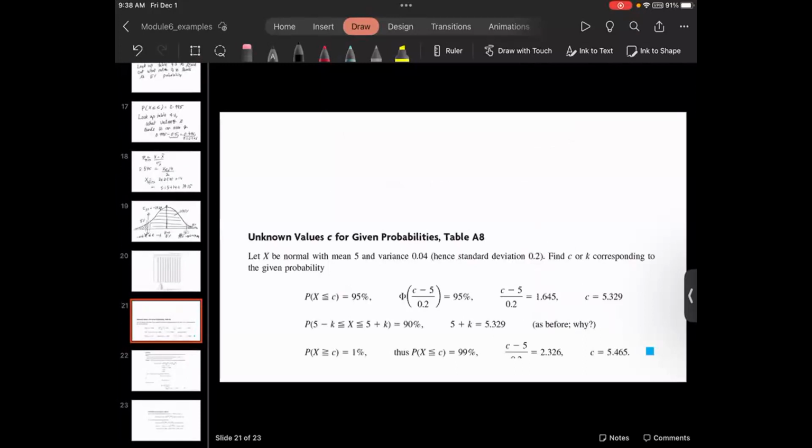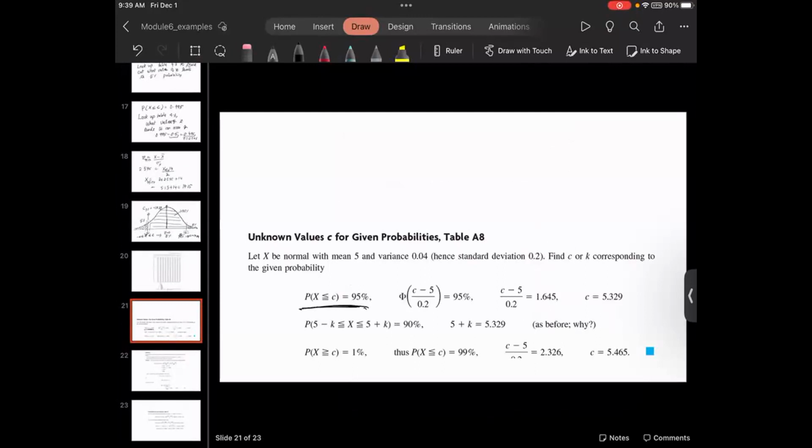All right, here is one more example which you can use to check your work. We did x less than c for 95%, though this one has a different standard deviation, so don't worry about it.